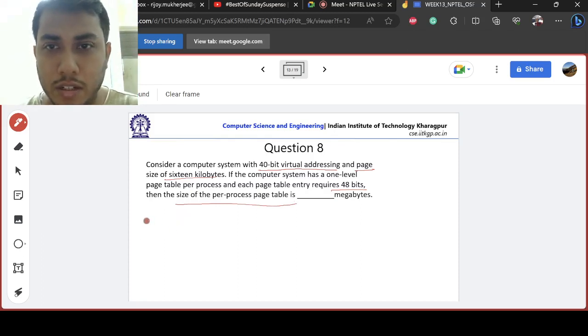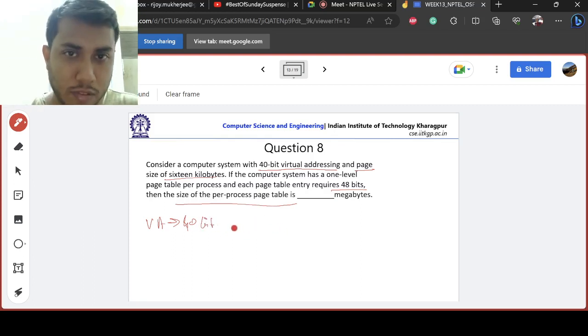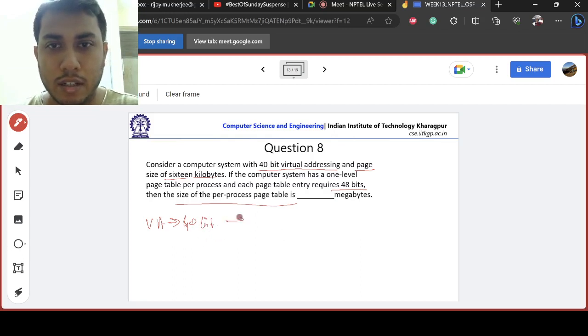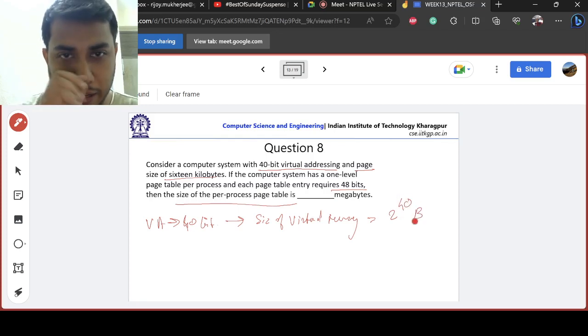We have a virtual address of 40 bits and therefore the size of virtual memory will be 2 to the power of 40 bytes, right?